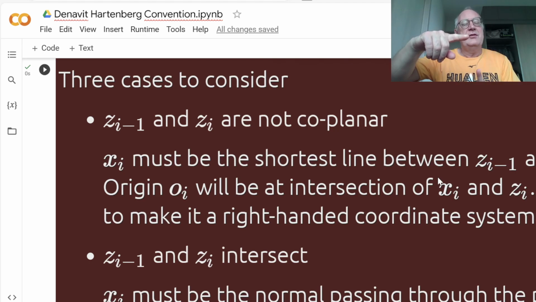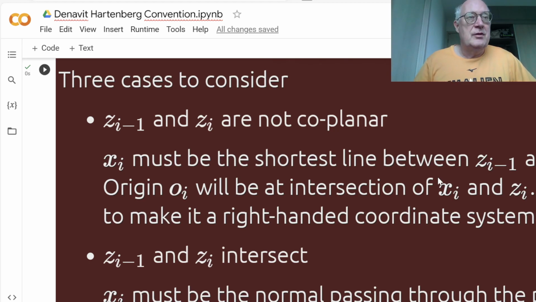If this is z_{i-1} and this is axis z_i, I have to get there by going along z_{i-1} and then following x_i, and they have to be at a 90-degree angle. Since x_i also must be perpendicular to z_i, because it's a coordinate system, x_i, y_i, and z_i must be perpendicular to each other, all of them.